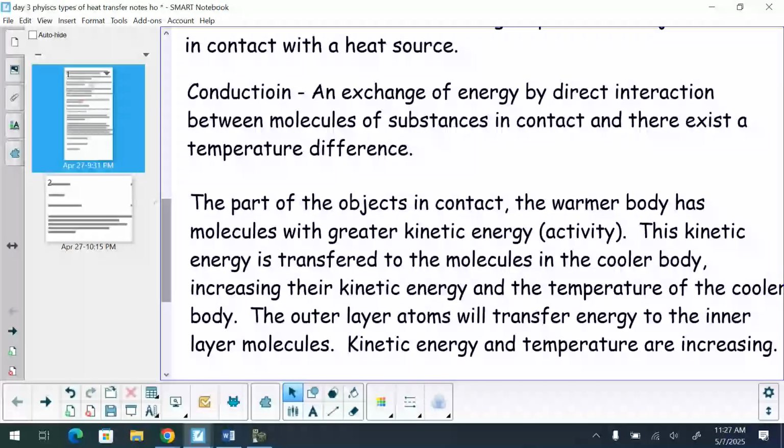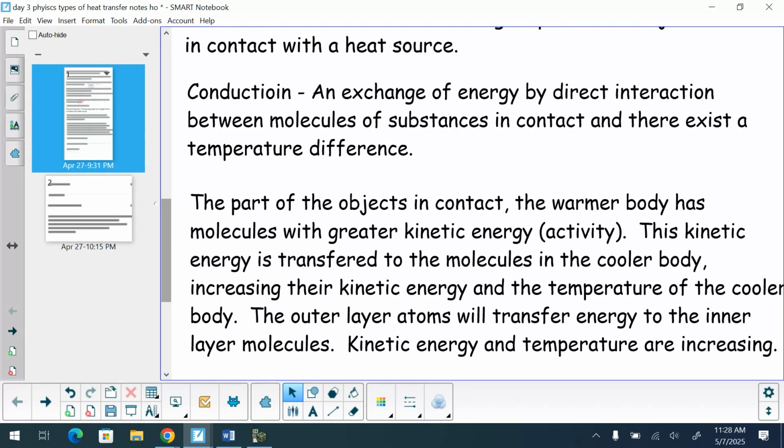Because when you have something that's cold, the kinetic energy of the molecules slows down, and when the kinetic energy of the molecules slows down, it loses temperature. When you're losing the average kinetic energy, you're losing temperature. So cold is the absence of kinetic energy, or the absence of heat.